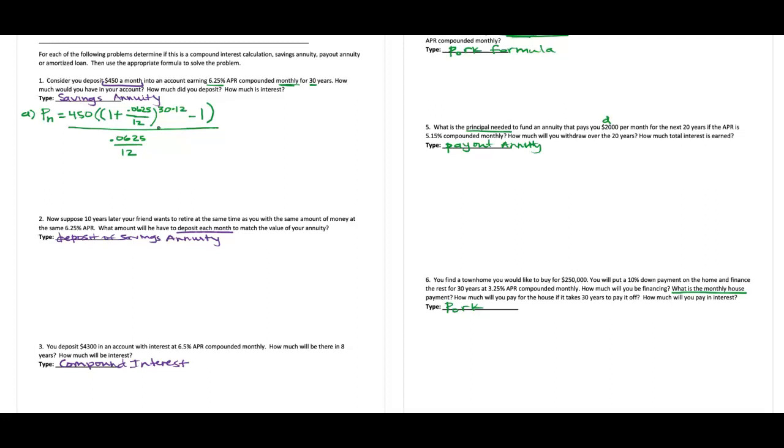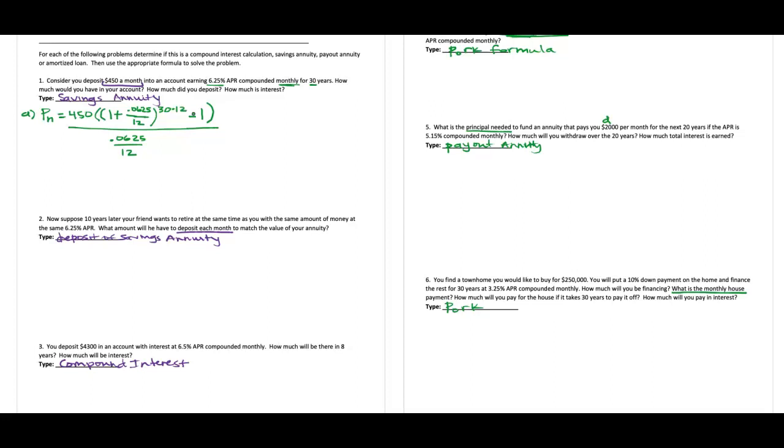And be careful on that -1 part, because when you're writing it in, it might try to go as part of that exponent. So after you do that 30 times 12, arrow over so that it goes down to where it's supposed to be, because you're subtracting 1 from that whole thing.